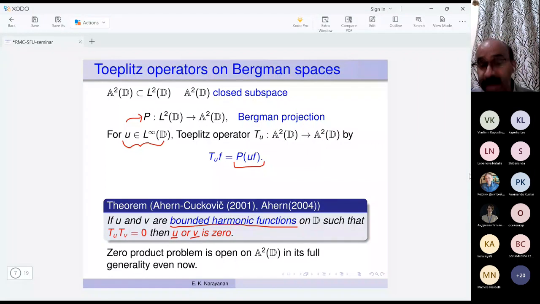Instead of looking at all L infinity functions, perhaps one should look at some class like this. Now, the zero product problem is open even in the one variable case in its full generality. That means if I take arbitrary L infinity functions, we still don't know about the zero product theorem. Okay, so T_U T_V equal to 0 implies either U or V is 0 is still not known.